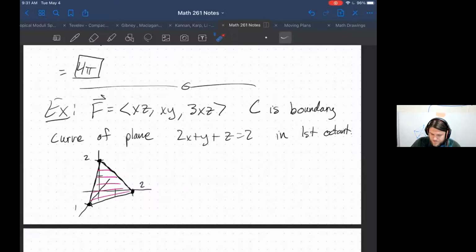If you remember the right-hand rule, i cross j is equal to k, that type of thing. I don't want to take the two vectors because my vectors would be pointing kind of like this, and then I'm curling them to get a normal vector.